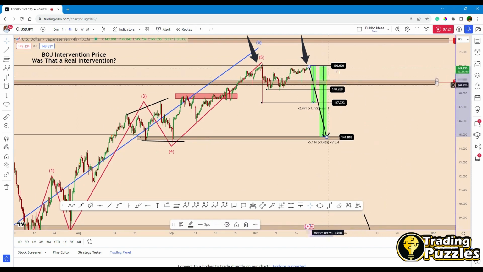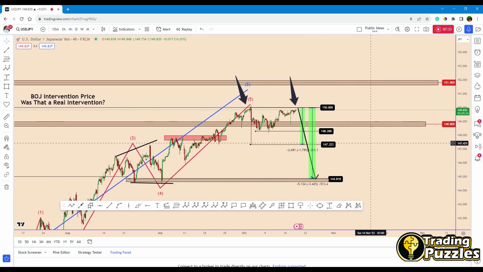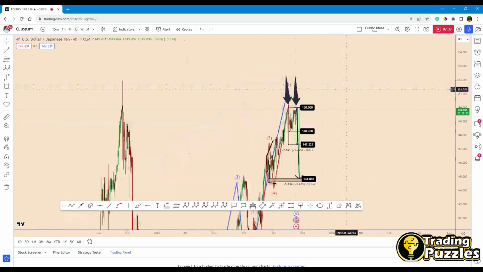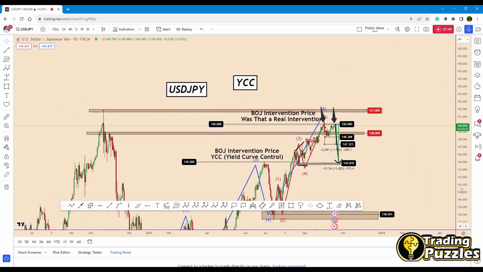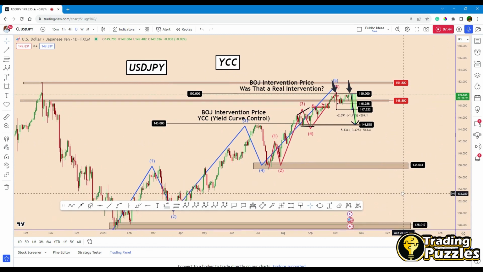The price is already close to 150, and probably we may see the Bank of Japan reacting during the Sydney session, or probably tomorrow during the opening of the London market. So I hope you guys enjoyed the analysis. That's all for USDJPY from a technical perspective.